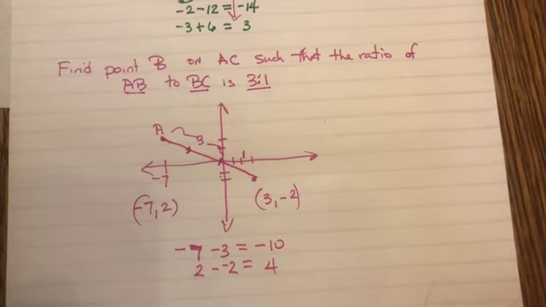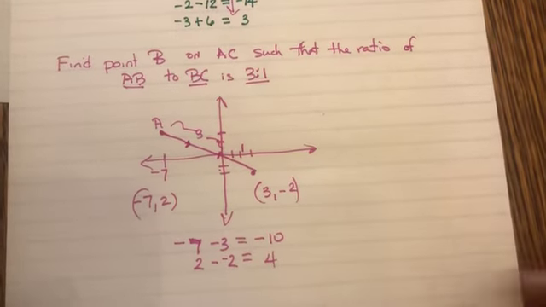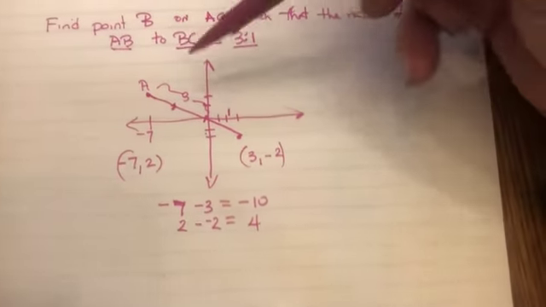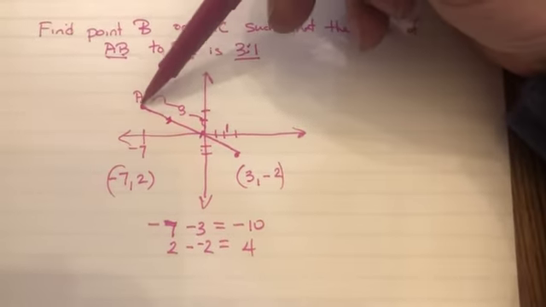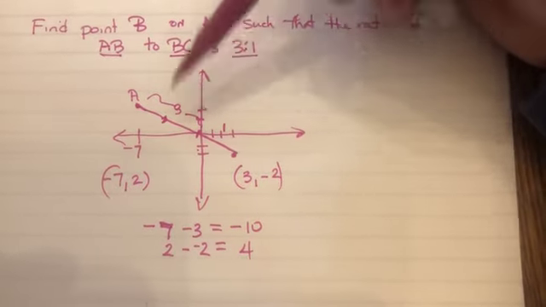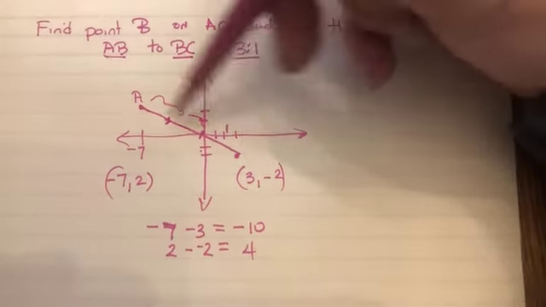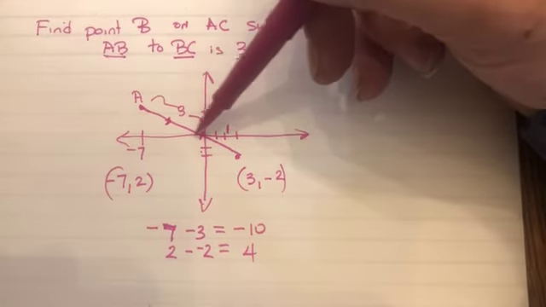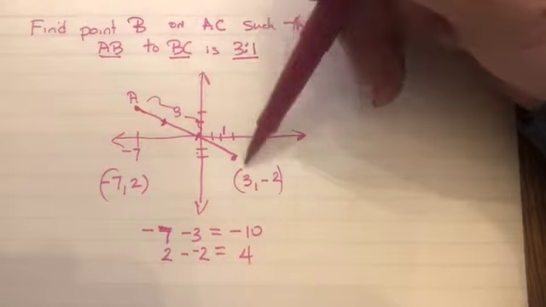All right, so now kind of the tricky part of this question maybe. As I look at the segment here, the ratio is 3:1, which technically means that the segment has been broken into 4 sections, 3 of them up here, 1 of them down here.